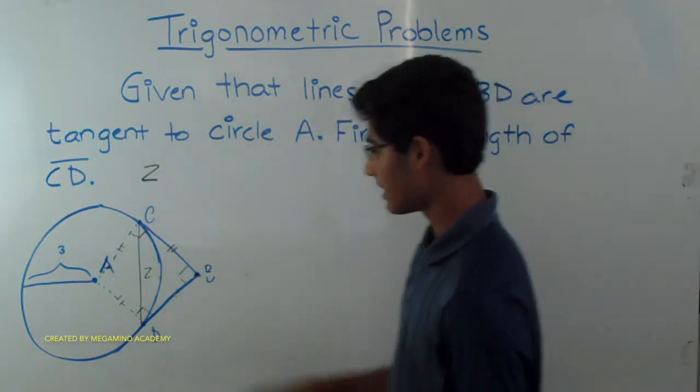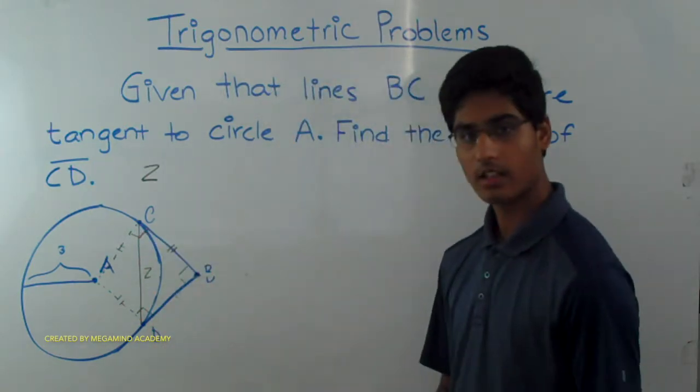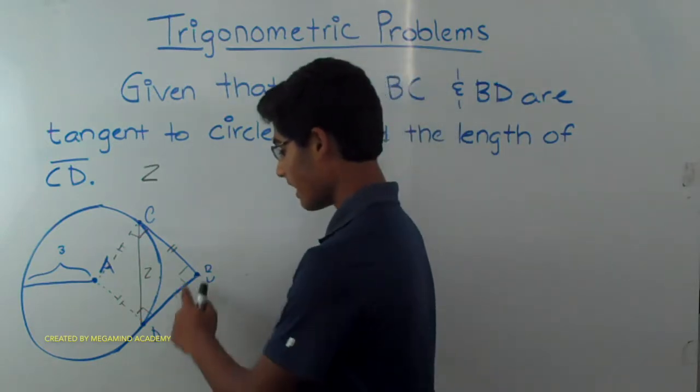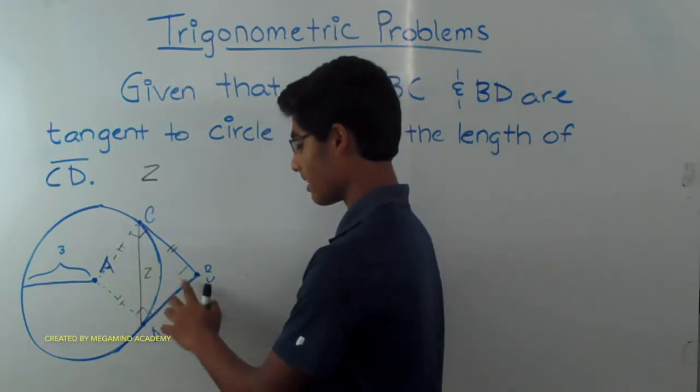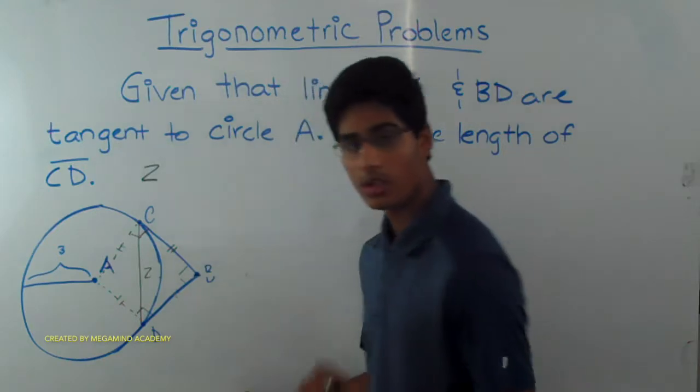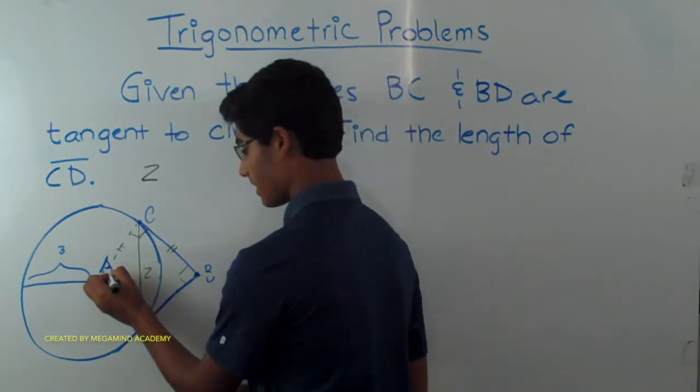We know that these two are 90 degrees. And because this is a four-sided figure, and three of the angles are 90 degrees, the other angle also has to be 90 degrees.